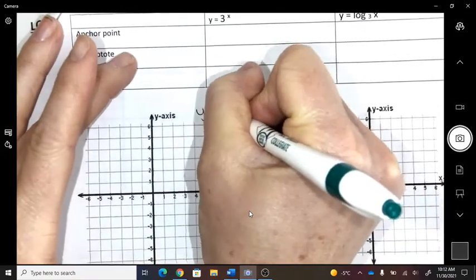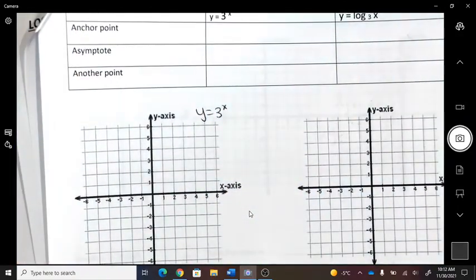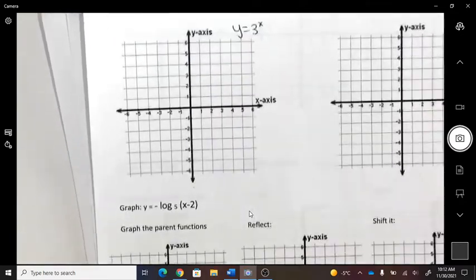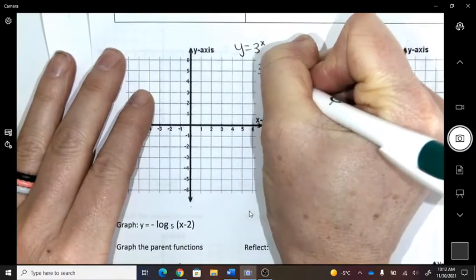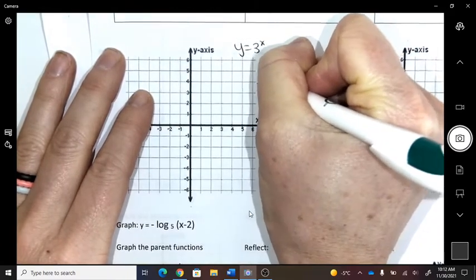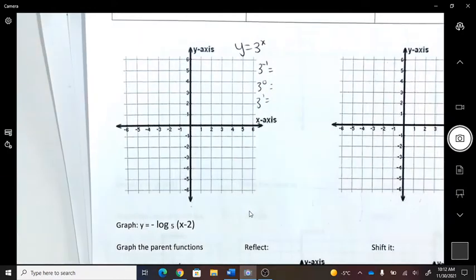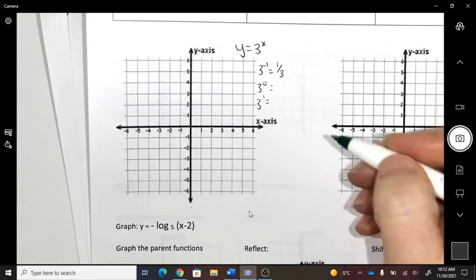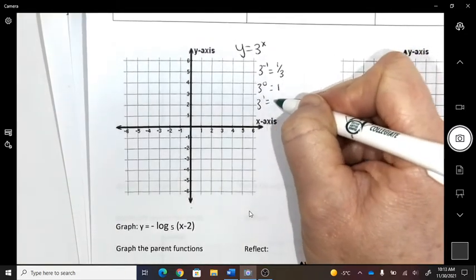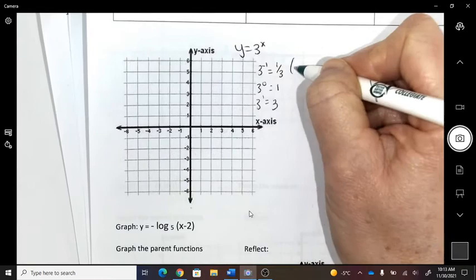So y equals 3 to the x. Okay, so I always went like this. I kind of picked 3 coordinates to start with. What is 3 to the negative 1? What does it give us? 1/3. 3 to the 0, 1. 3 to the 1, 3.